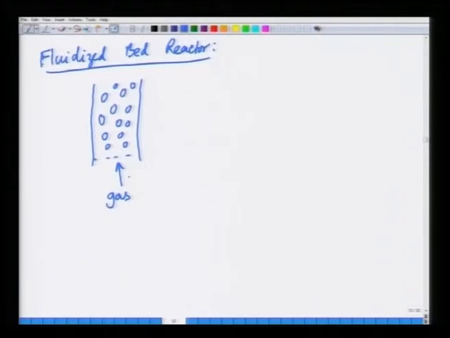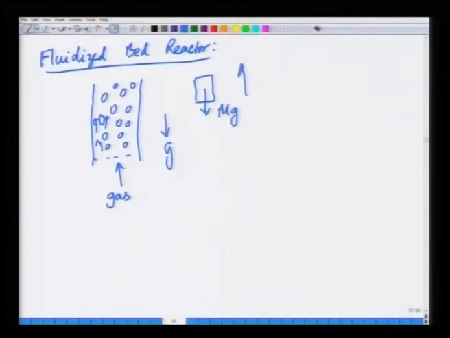But in order to enhance the mixing of various zones in the bed, what we do is we pump the gas at such a high flow rate that the drag force exerted by the gas on the solid particles exceeds the weight. The bed of particles will have a weight mg that acts downward because gravity is acting below.